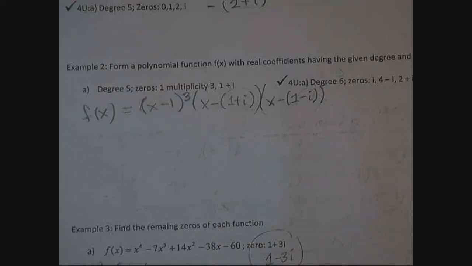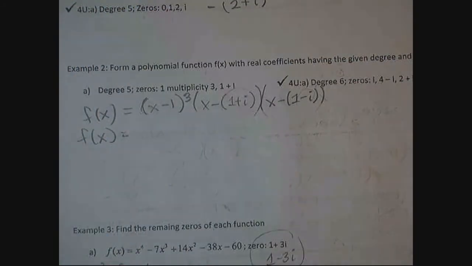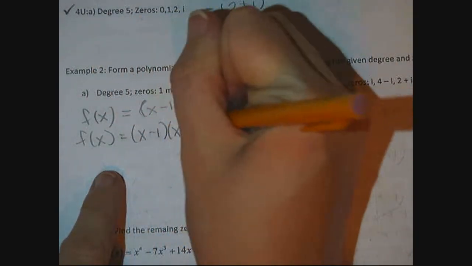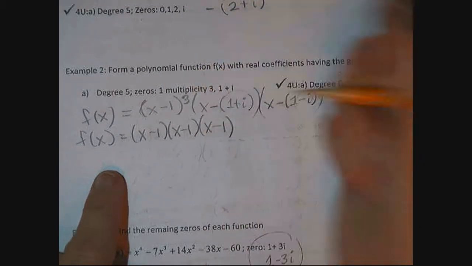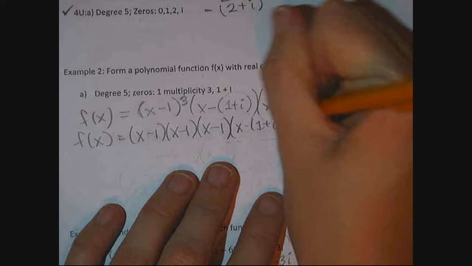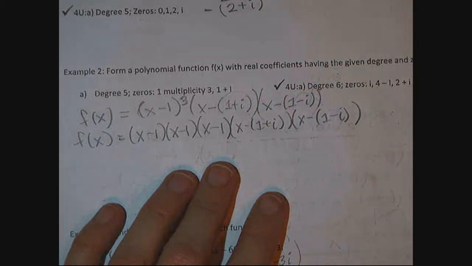Alright, so now we're in foiling mode. So let's start with the part that we already know how to FOIL. Straightforward, this x minus 1. So I know I have x minus 1 times x minus 1 times x minus 1, 3 times, and then I can just copy down my other imaginary zeros that I have here.